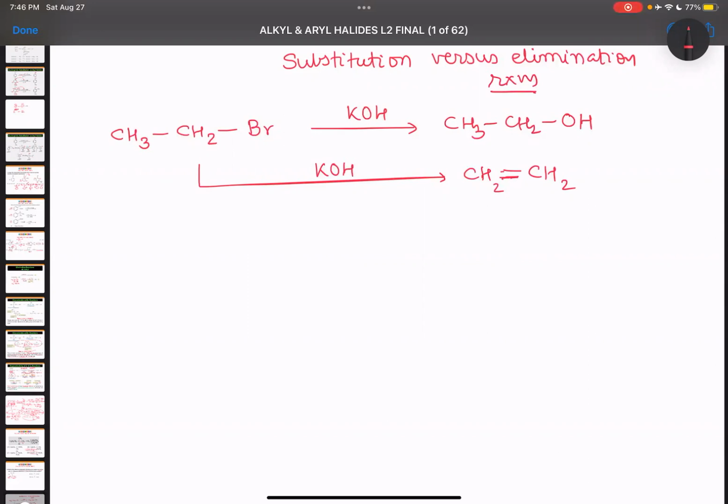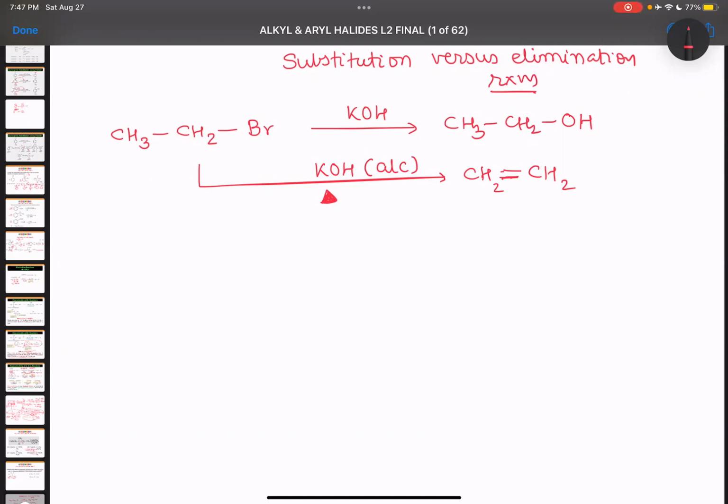So heat needs to be supplied for the elimination reaction to happen. And you take alcohol as the solvent, C2H5OH. If you take alcoholic KOH, it is going to be elimination along with heat. That is very important, because eliminations are endothermic, so you need more heat to compensate for forming a weaker bond.